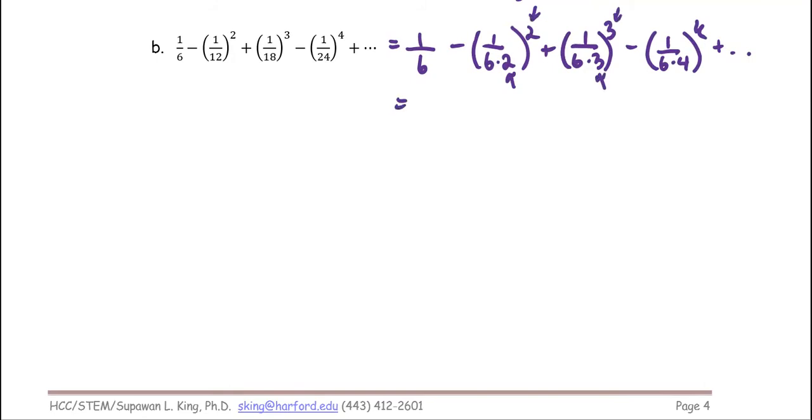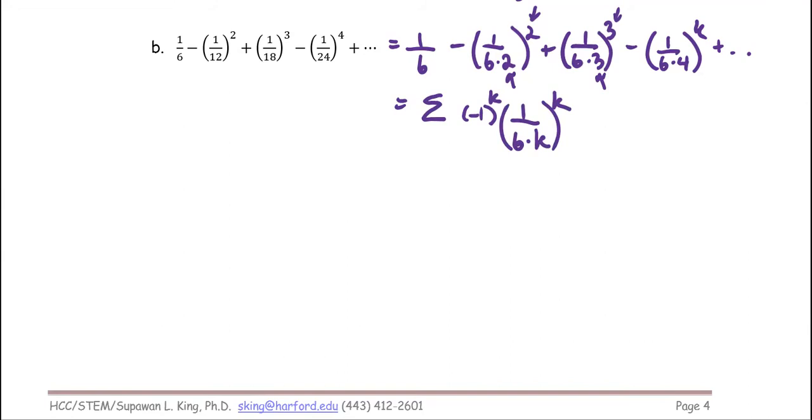And also the sign switches back and forth between positive and negative. We write it as the general series form. As this is an alternating series, it's going to have the coefficient (-1) to the power k, and the term, which is 1 over (6k) raised to the power k.